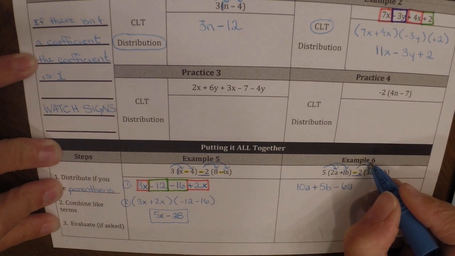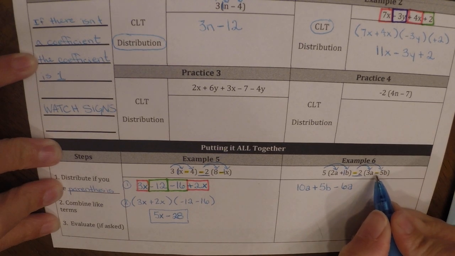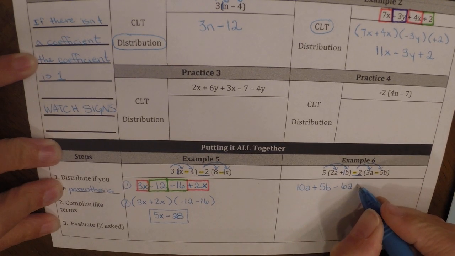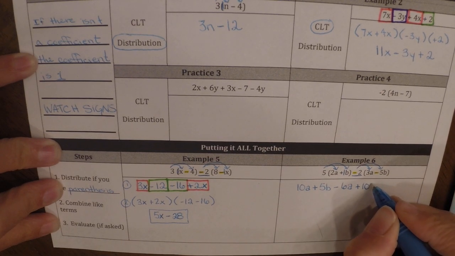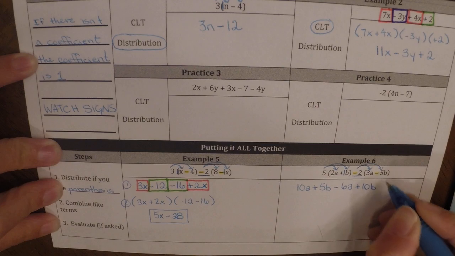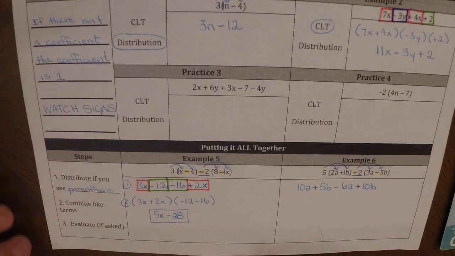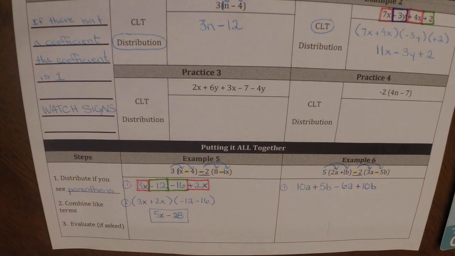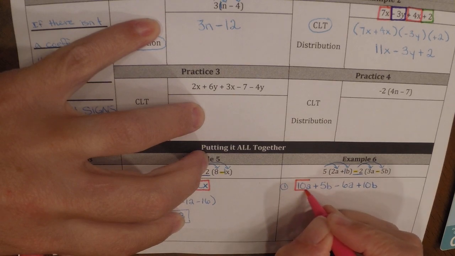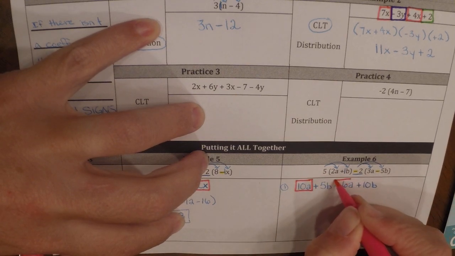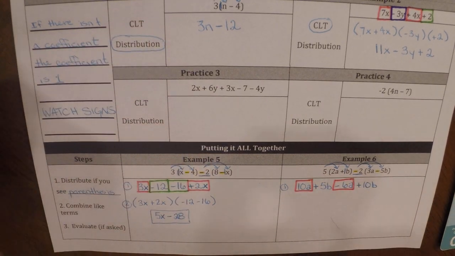And then a negative 2 times a negative 5 would be a positive 10, and the letter is a b because this one had the b. So there's my step 1. I distributed. Now it's time to combine like terms. So I have a 10a and a negative 6a.